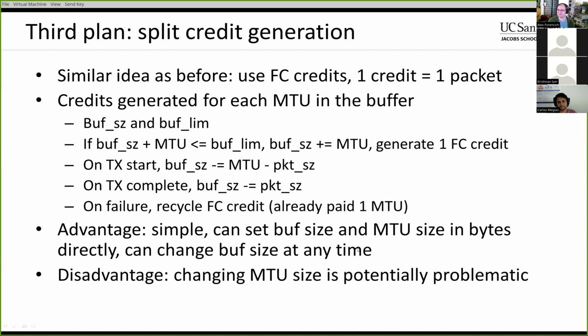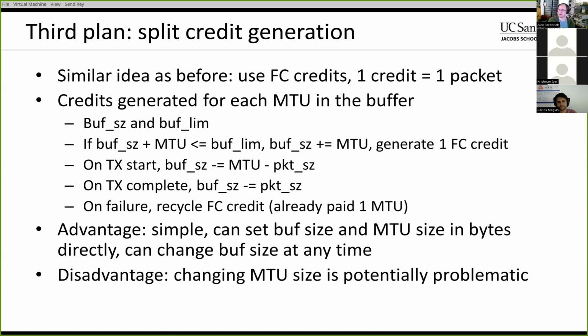I was thinking about how to do this, and it seems like it opens up the potential for some weird corner cases that would be hard to handle. Basically you have to drain all the flow control credits before you can change the MTU size, and it's unclear if that would be opening the door to lots of weird corner cases.